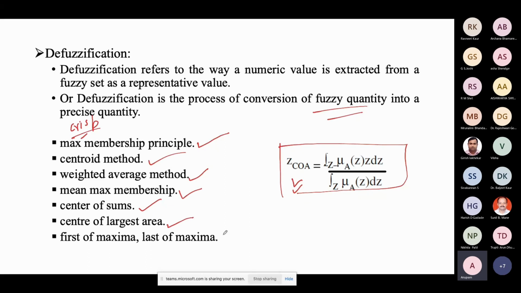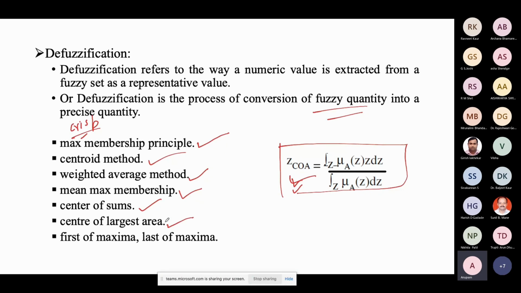Then we may not go for COA, because that may take time. Then we have to go for a method like center of largest area. We search for the center and largest area, and that becomes the defuzzified value. It will take less time. So it depends upon the application.